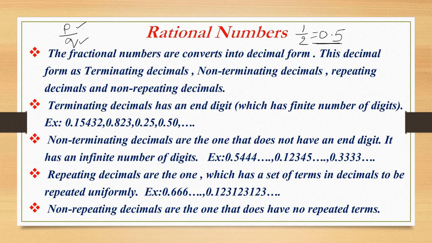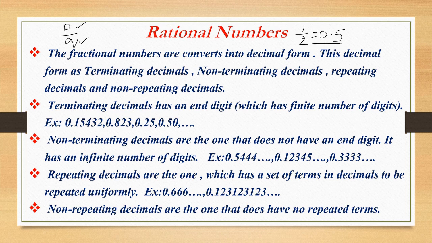The decimal form is of four types: terminating decimals, non-terminating decimals, repeating decimals and non-repeating decimals.